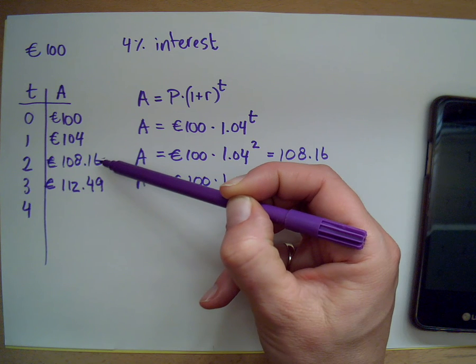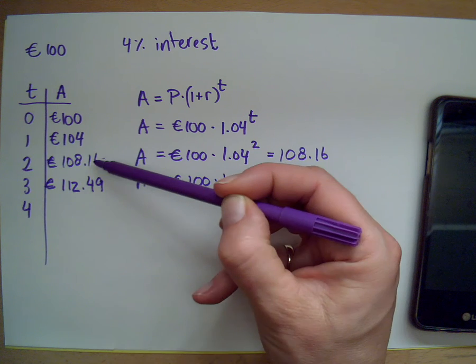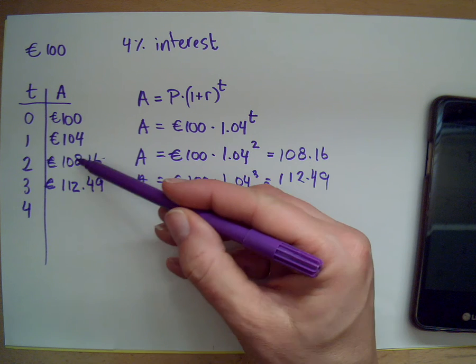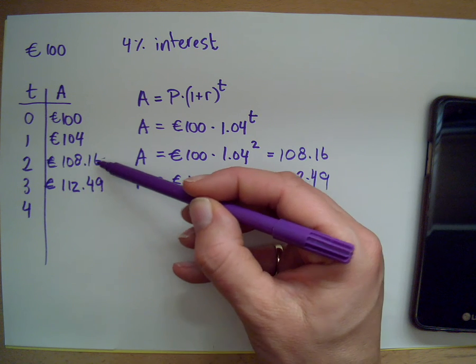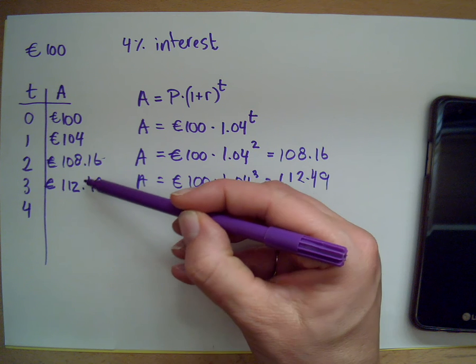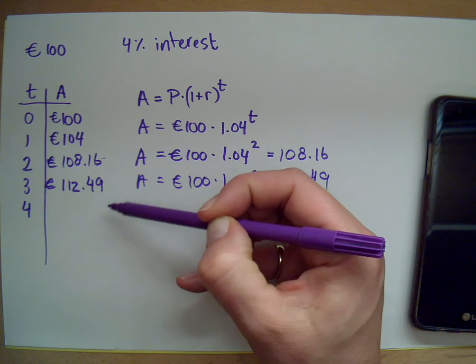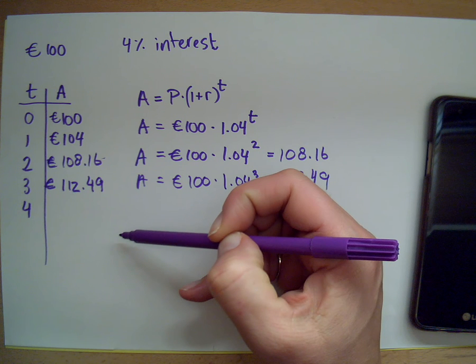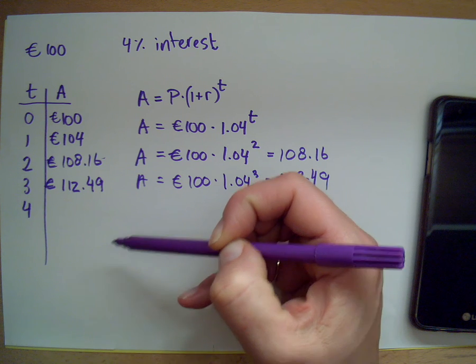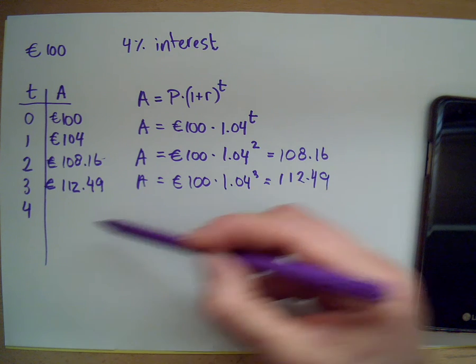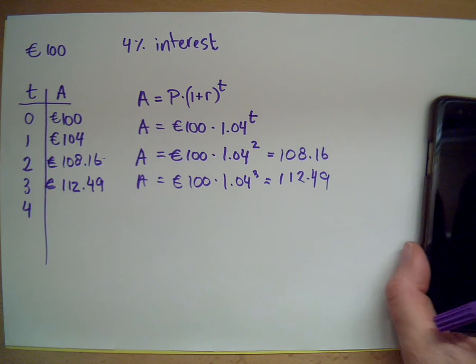See? We gained 4.16. From 2 to 3 we gained more than 4.16, because that would have been 32 cents. So the increase just keeps getting higher. And that's always true in an exponential growth.